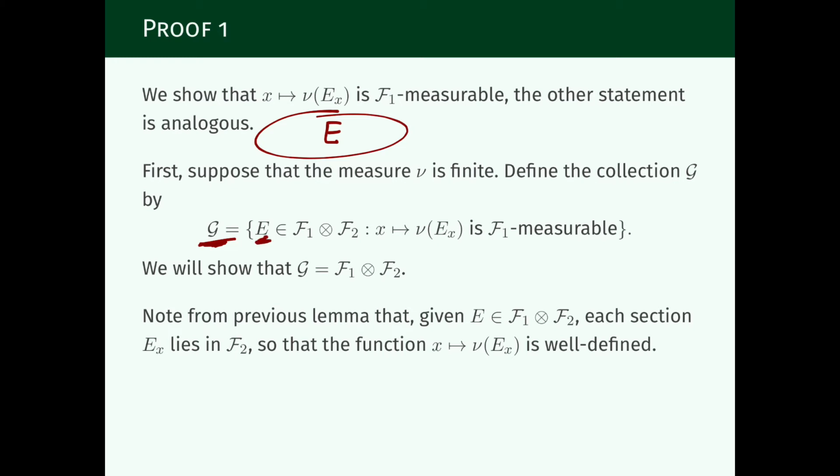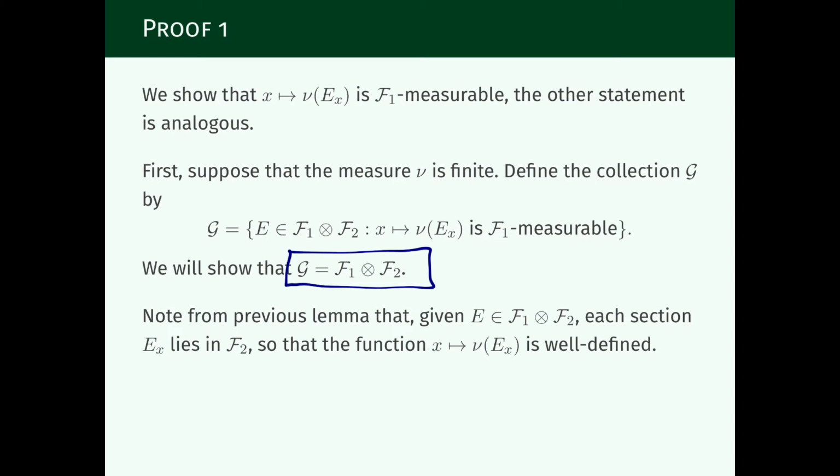So every set E in this product sigma algebra such that the measure of the section is a measurable function of the variable x. We consider this family, and we want to show that every measurable set E is in this family, which means exactly to say that G actually equals the product sigma algebra.